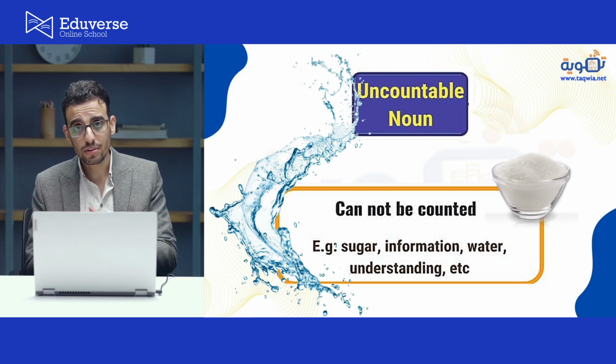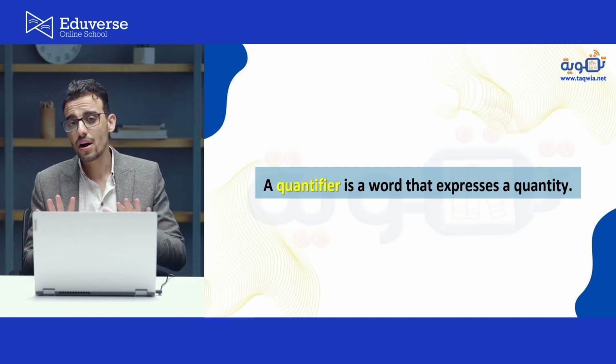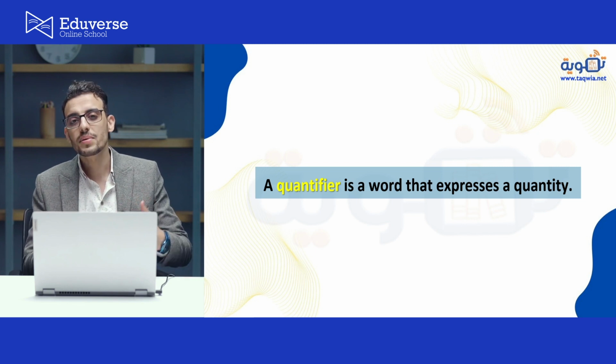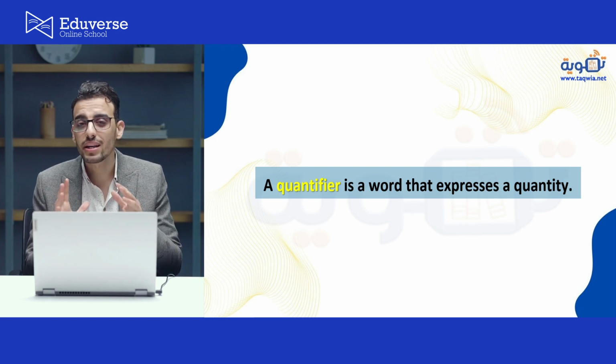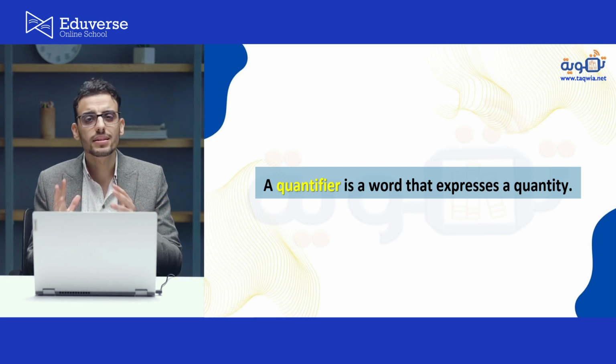Now that we have known them, let's get back to the quantifier. A quantifier is a word that you can use in order to express the quantity of something. If you want to speak about the amount of something, you can use a quantifier. What are examples of quantifiers?